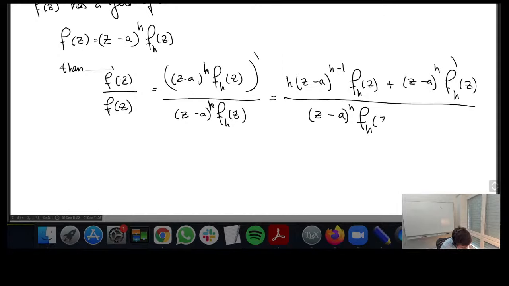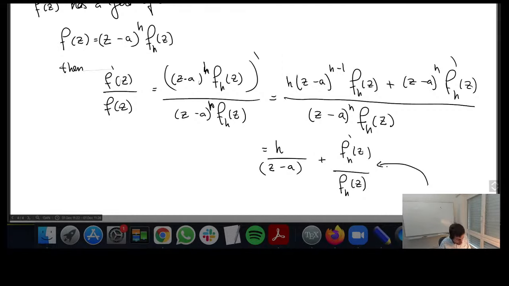Now we can cancel a few terms. We get h over (z minus a), because there's an h minus 1 on the top and h on the bottom. And for the other term, the (z minus a) to the h cancels out, and we have f_h prime of z over f_h of z, where now there are no poles.